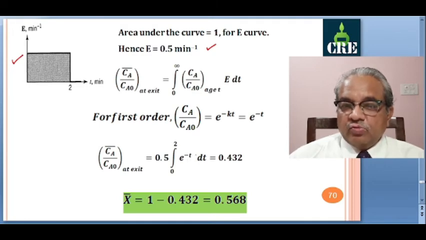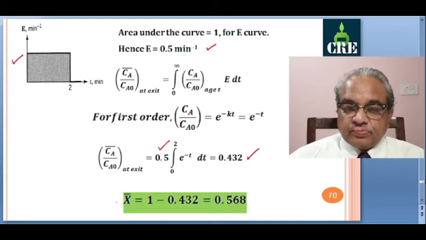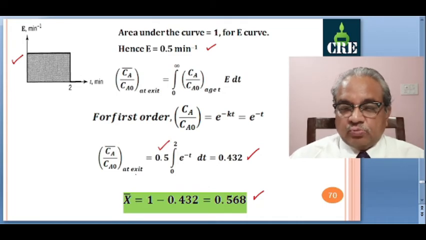E is 0.5, a constant, so taken outside: 0.5 times the integral from 0 to 2 of e raised to minus t. If you solve this, you get 0.432, and the mean fractional conversion x bar is 1 minus 0.432, which is 0.568. So the mean conversion is 56.8%.